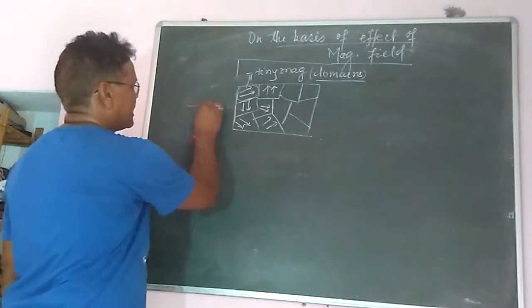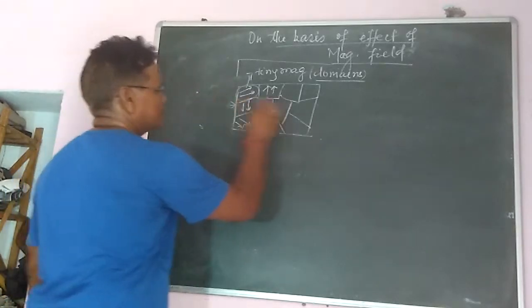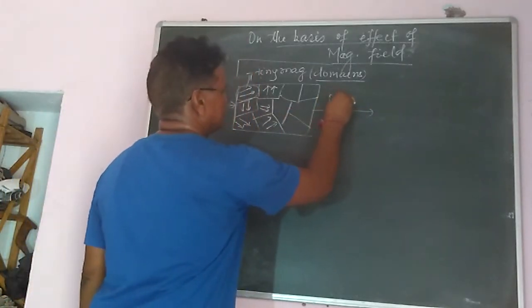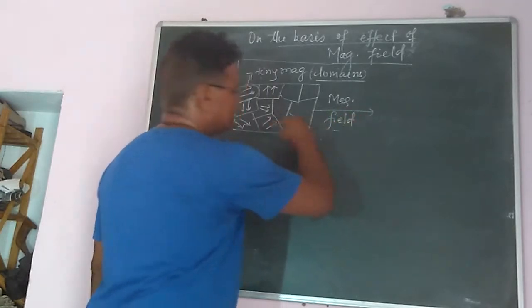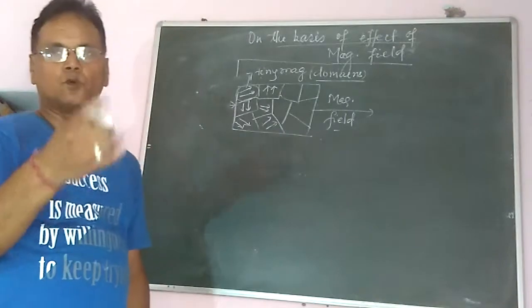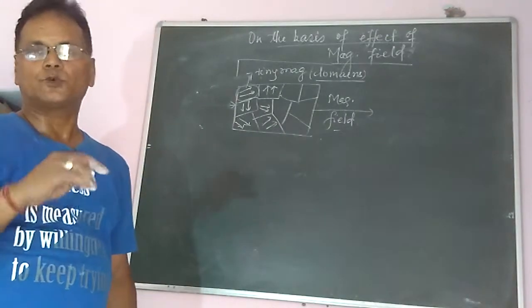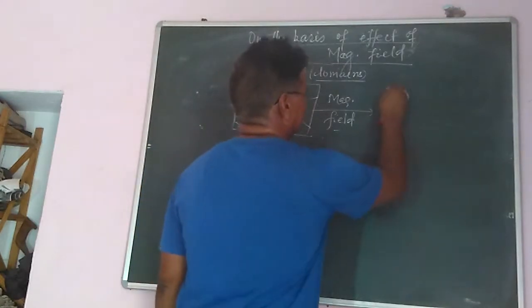When we apply the magnetic field, suppose the magnetic field is applied, all the domains start to spin in the direction of the magnetic field.